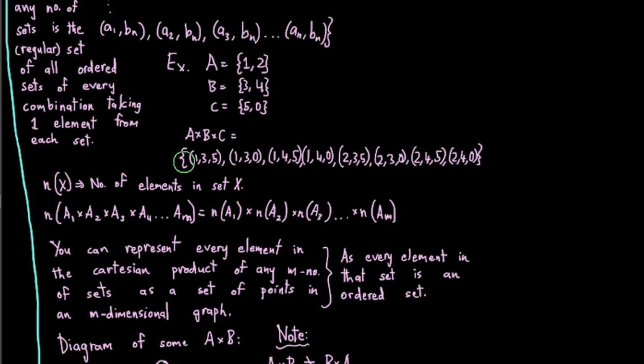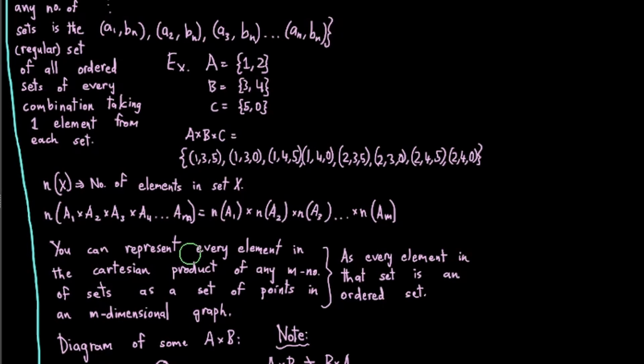That's it. n(x), as we know, gives you the number of elements in set x. The number of elements in the Cartesian product of any number of sets, a1 into a2 into a3 into a4 and so on till am, is the number of elements in set a1 times the number in a2 times the number in a3 and so on till am.